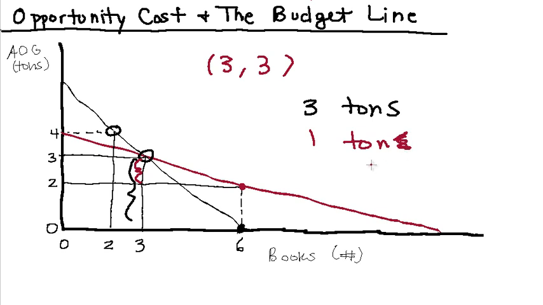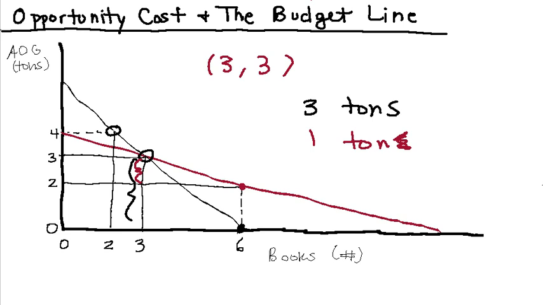So what this suggests is that when the budget line has a greater slope in absolute value terms, the opportunity cost of acquiring more of the good on the x-axis is greater.